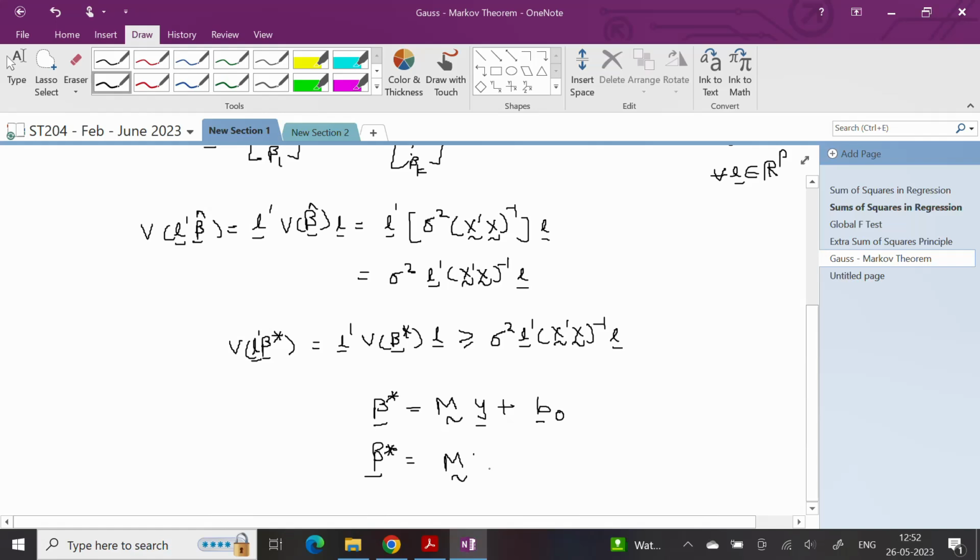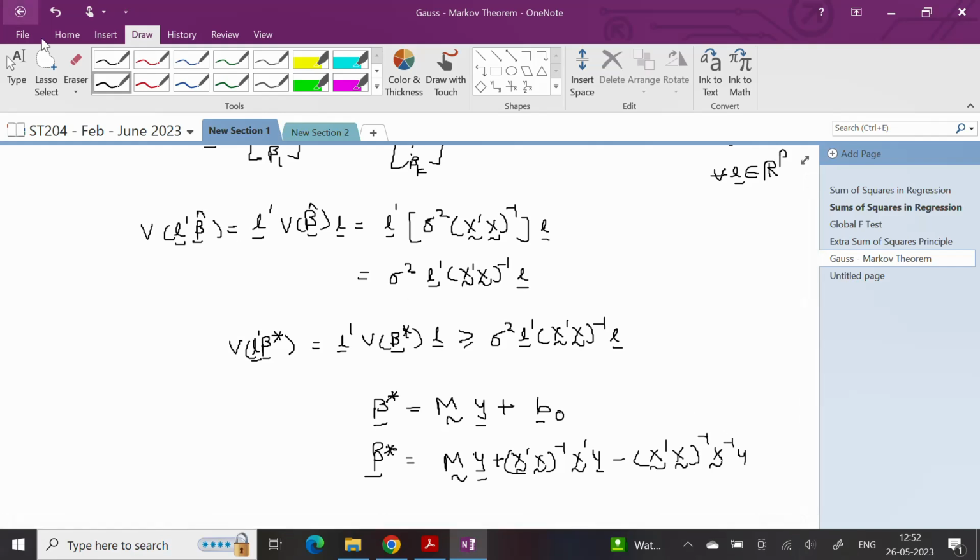I could write this as M Y, plus our usual beta hat, where the usual beta hat is x prime x whole inverse x prime y. We will subtract that because we want to keep the equation intact: x prime x whole inverse x prime y.